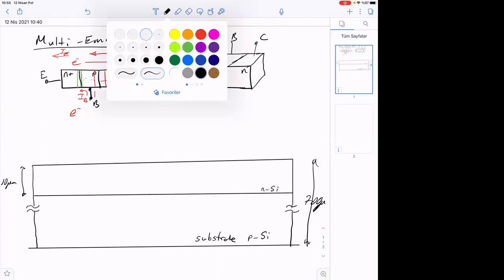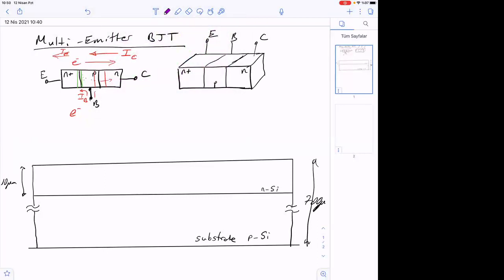Let's say we dope the device like this with P++, so highly doped. And then we dope this region, also highly doped P++.